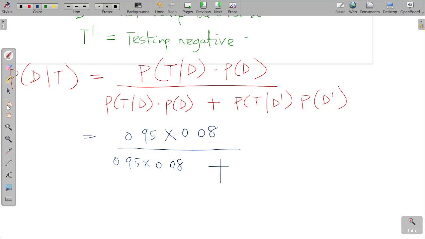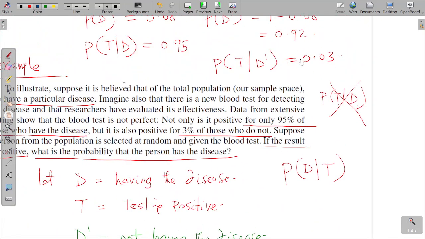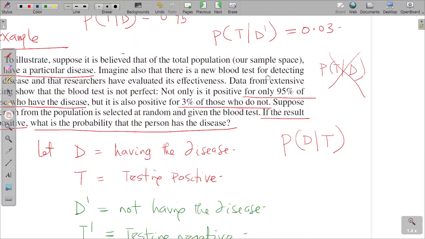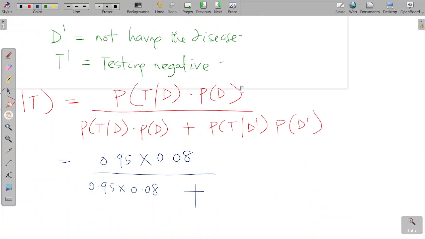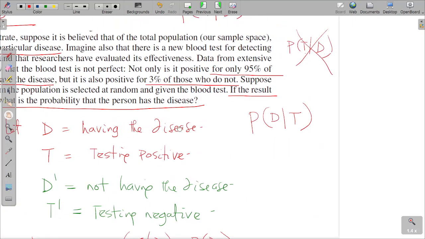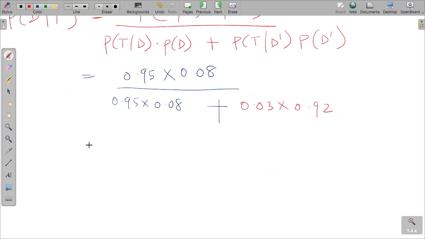Plus T given D naught, 0.03 multiplied by 0.92. Okay, I wrote that correct. Yeah, that's correct.